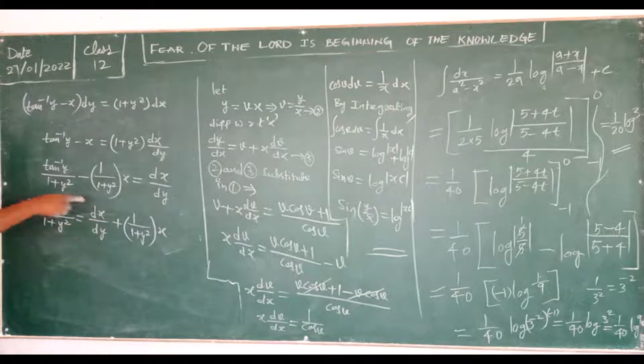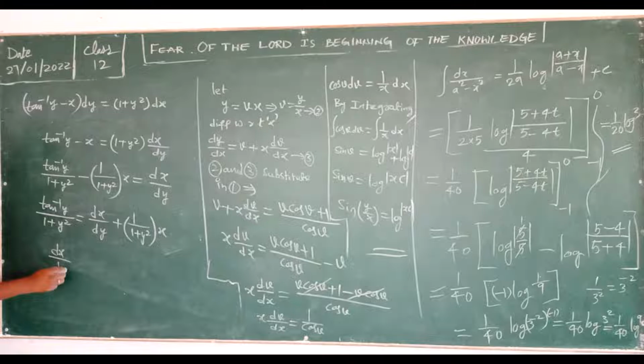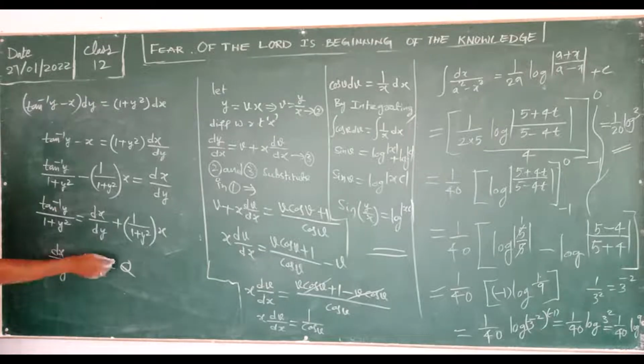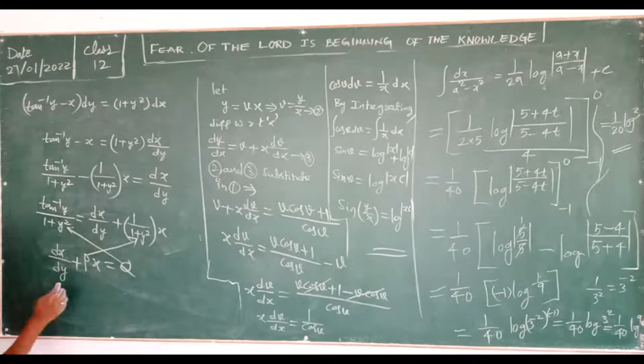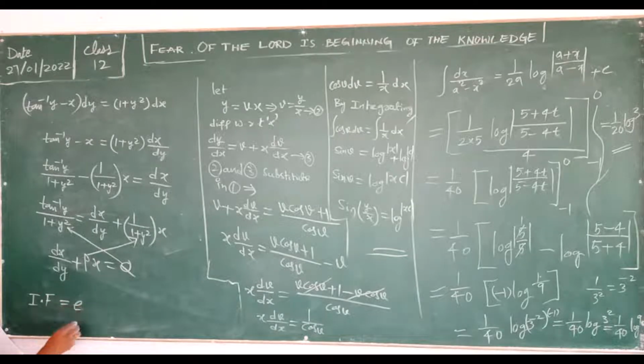Have you observed what is this form? This form is like dx upon dy plus Px is equal to Q. So in this, which is Q, which is P? You know that Q is this and P is this, correct? So now, if you get like this, what you need to do? First, you need to find the integrating factor, IF, is equal to e to the power of integral P dy.